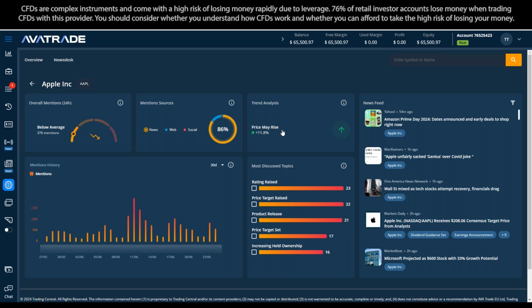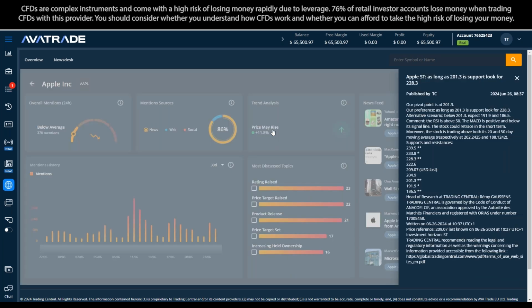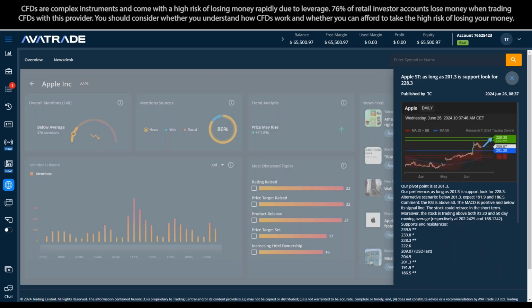Now, Apple, the prediction here is that the price may rise 11.8%. Okay, and if we click on this, it gives us a technical analysis setup. So we see that Apple was up at the first take profit suggestion not that long ago and pulled back. Okay, and these are daily candles.